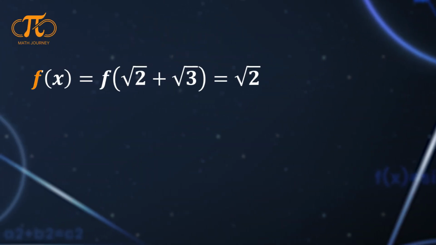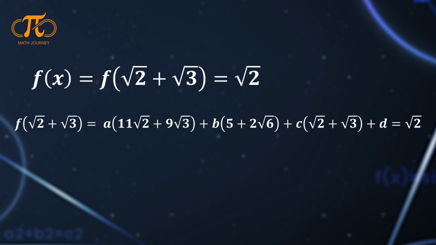Now, we know that f of x equals square root of 2, when x is square root of 2 plus square root of 3. Expanding f of x as a times x cubed, plus b times x squared, plus c times x, plus d, using the values of x, x squared, and x cubed we just calculated, we get f of square root of 2 plus square root of 3 equals a times 11 times square root of 2 plus 9 times square root of 3, plus b times 5 plus 2 times square root of 6, plus c times square root of 2 plus square root of 3, plus d.